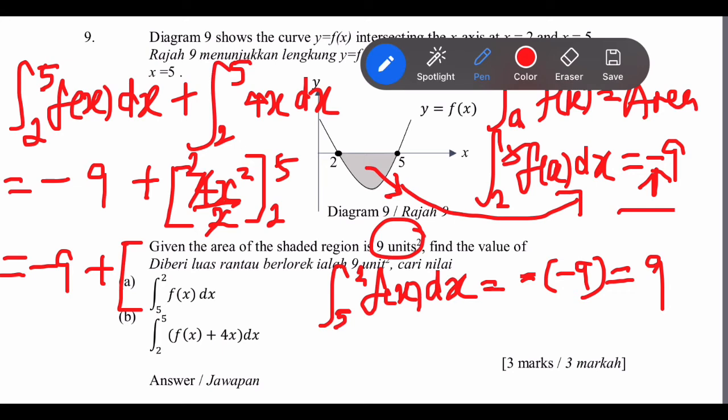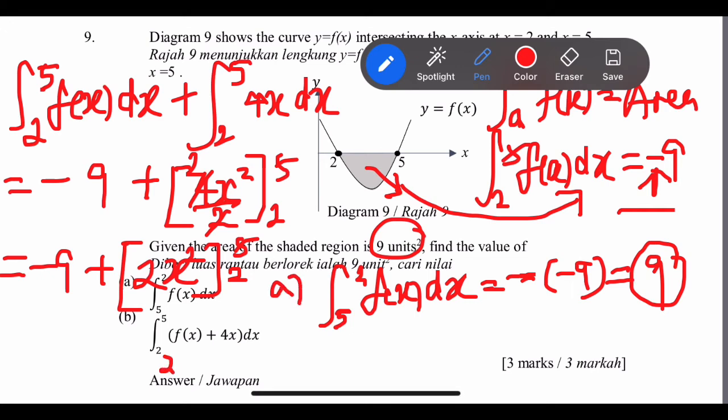So it's negative 9 plus 2 times 5 squared minus 2 times 2 squared. All right, so it's actually 2x squared, limit from 2 to 5 after you simplify. And after that, you need to substitute the upper limit minus the lower limit to get the answer.